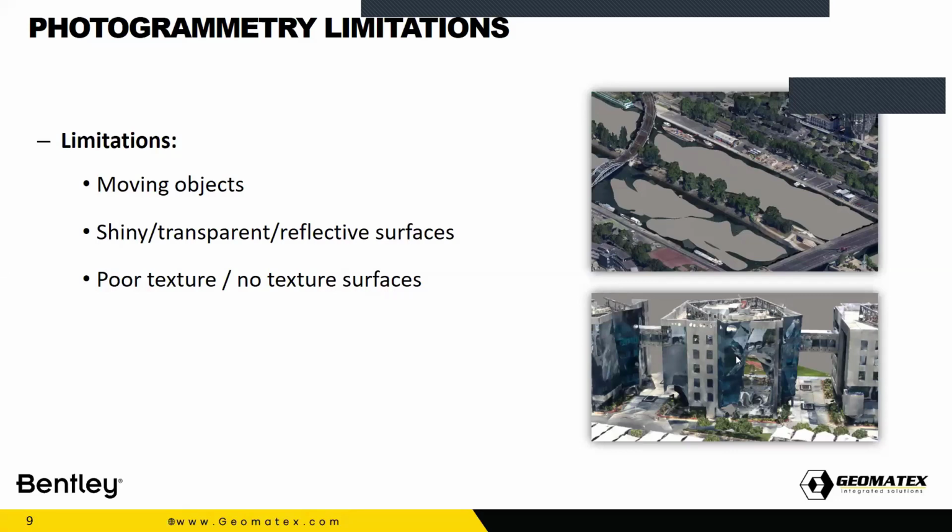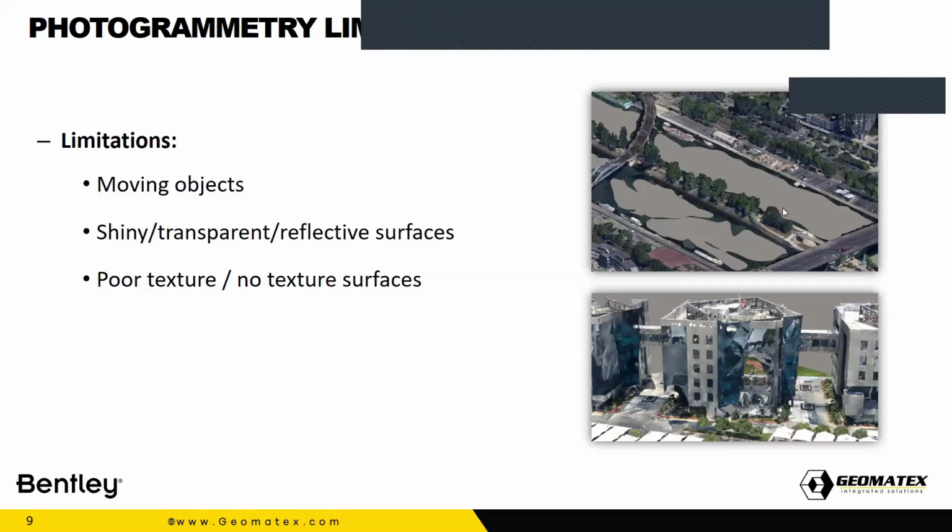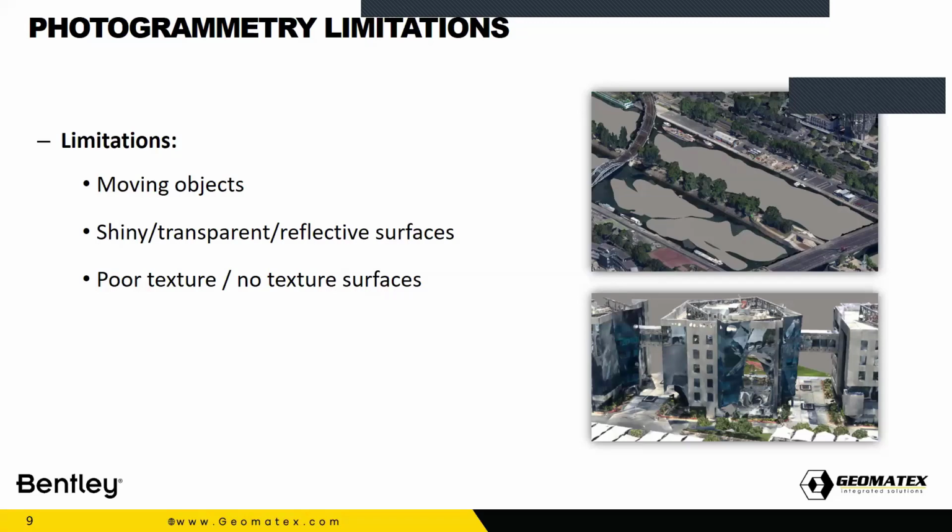Here, as an example, we can see this river for this space. Now in the update, I think in update 15 in ContextCapture, it was solved, so that the software automatically recognized the problem and could fill this surface.